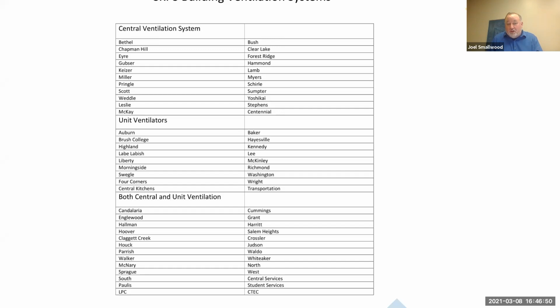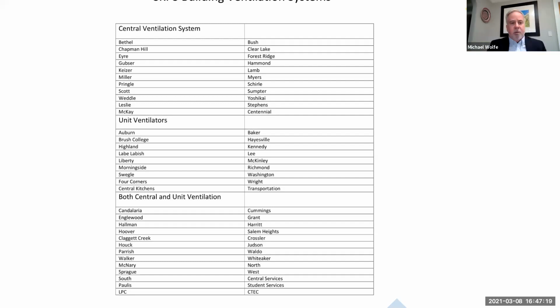And then there's a larger group at the bottom where you have some of both. Many of our buildings, as you all know, have been added on to over the years. They've had several additions, many of them. And so that's where you end up with this mix back and forth of systems in a building. That's where we end up with central and unit ventilation at the bottom of that page.